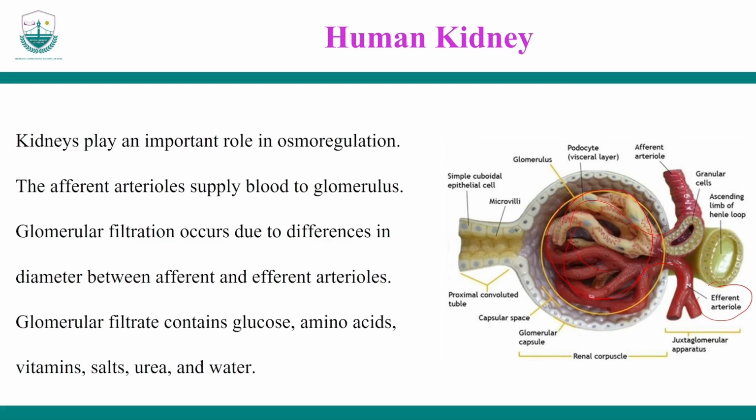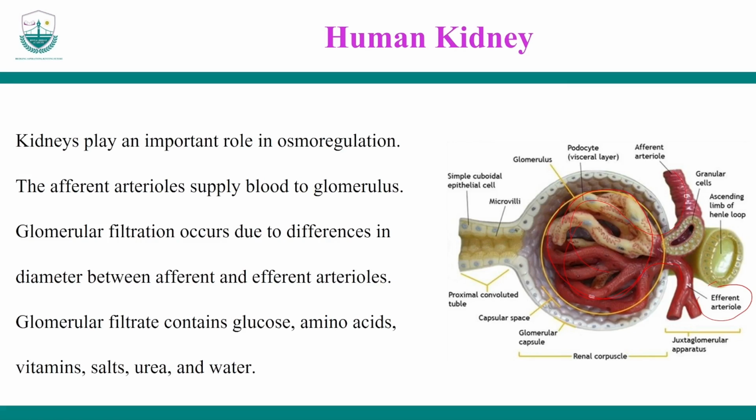And because of this, things get out of these blood vessels, that is the capillaries, through the pores, and form what we call the glomerular filtrate. So the high pressure pushes some of the glucose, amino acids, vitamins, salts, urea, and water through those holes to form the glomerular filtrate.